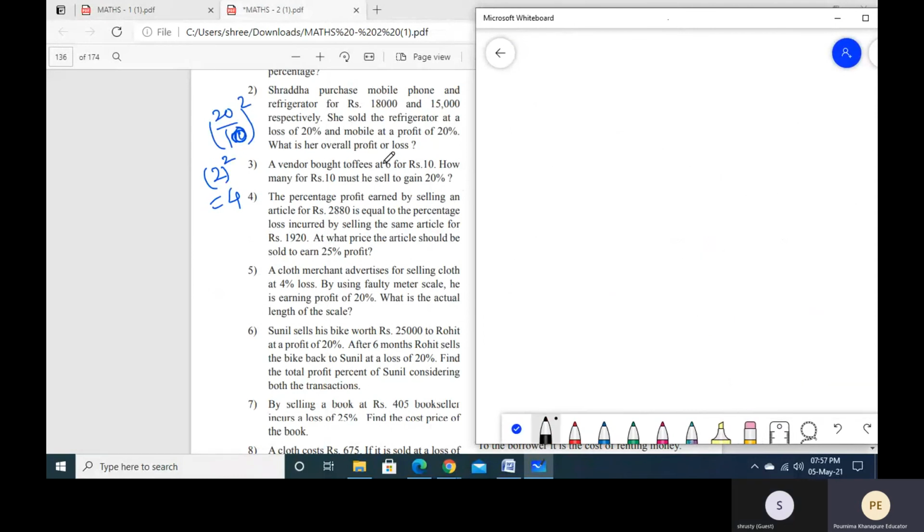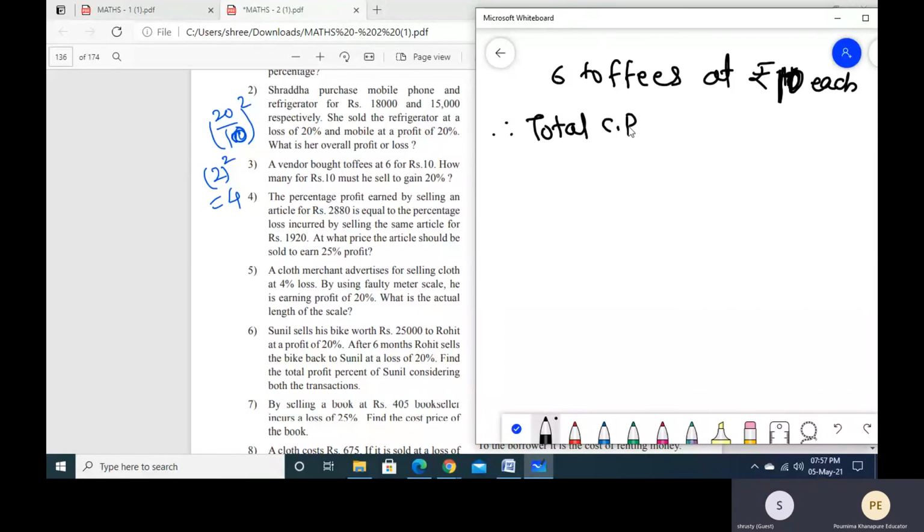They say that he is purchasing 6 toffees at rupees 10 each. Each toffee is rupees 10. Therefore, the total cost would be 60. Now, how many for rupees 10 must he sell to gain 20%? So now he has to sell at 10 rupees each.